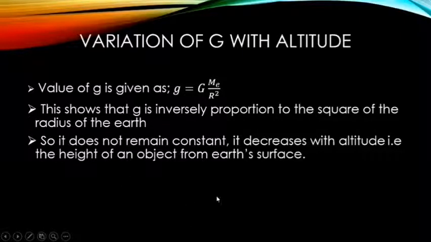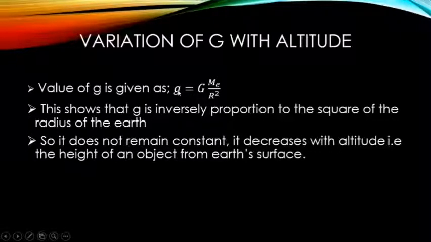Altitude means the height of an object from Earth's surface. Whenever we move away from the surface of the Earth, the gravitational acceleration decreases, or whenever we move towards the center of the Earth, the gravitational acceleration small g increases. So it is inversely proportional to the square of the radius of the Earth, which means that whenever the radius decreases, the value of g increases, and when the radius increases, the value of g decreases.